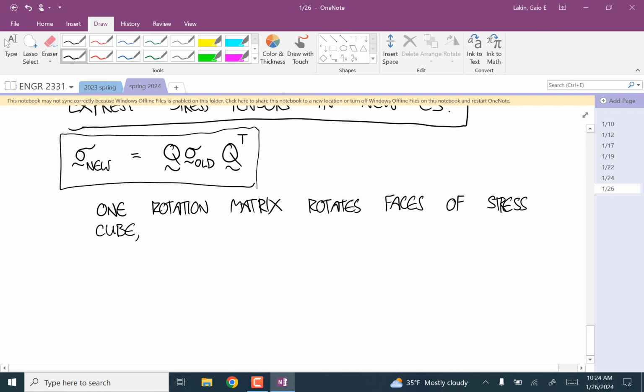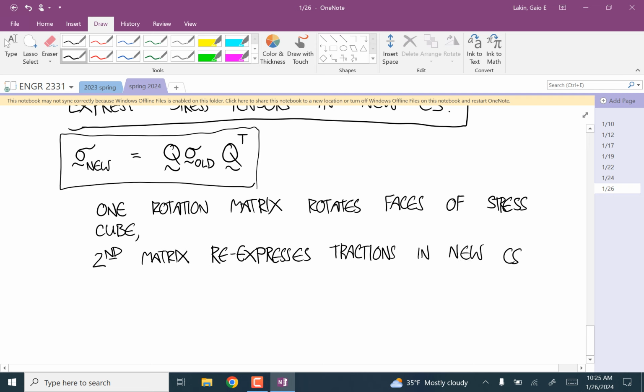And the second matrix re-expresses those tractions in the new coordinate system. Which does which? Let me think for a second.